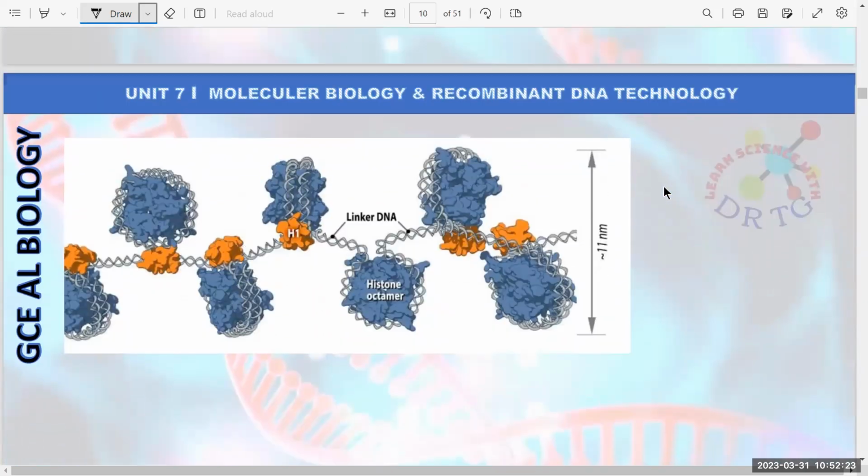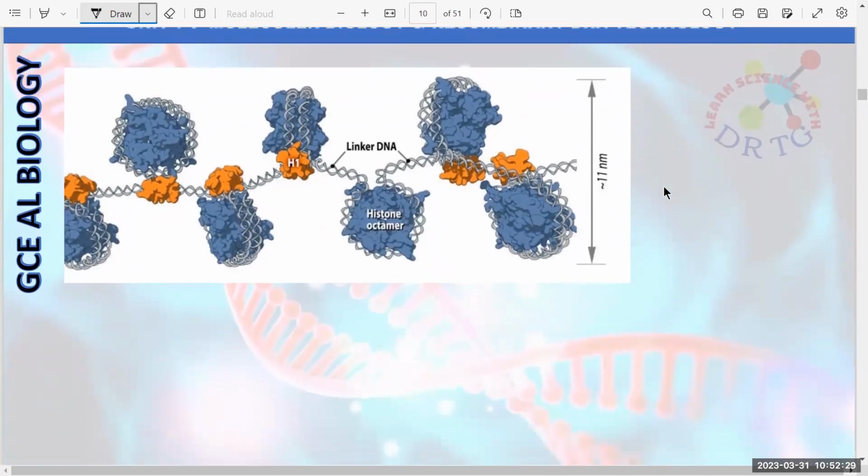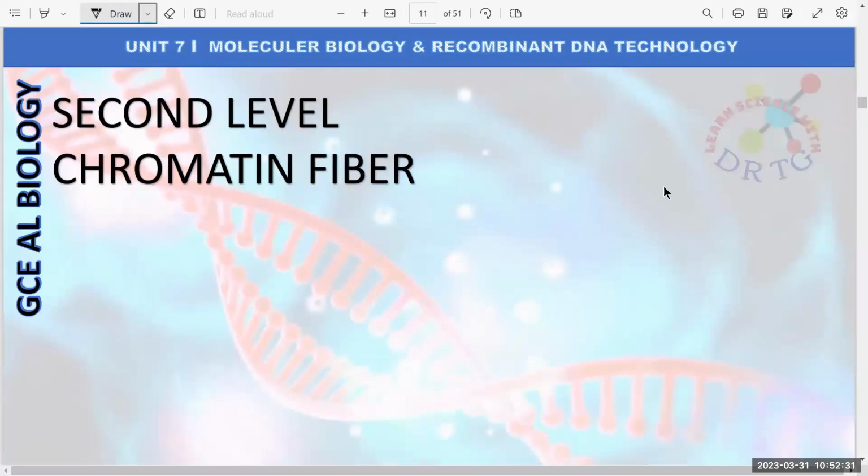This again represents a 3D picture of the beads on string. The second level is known as chromatin fiber.